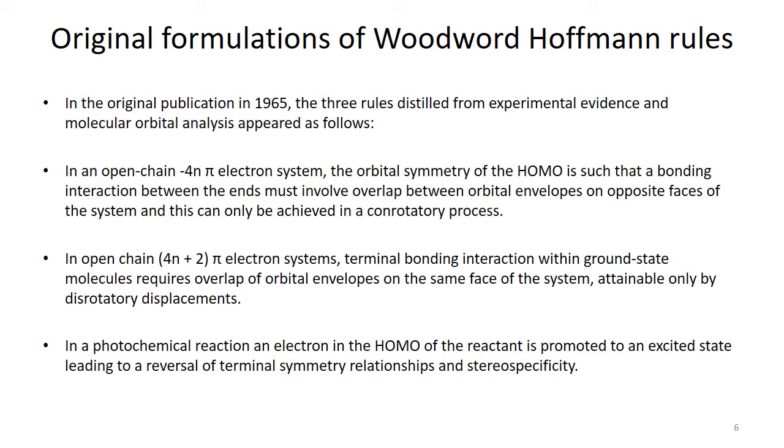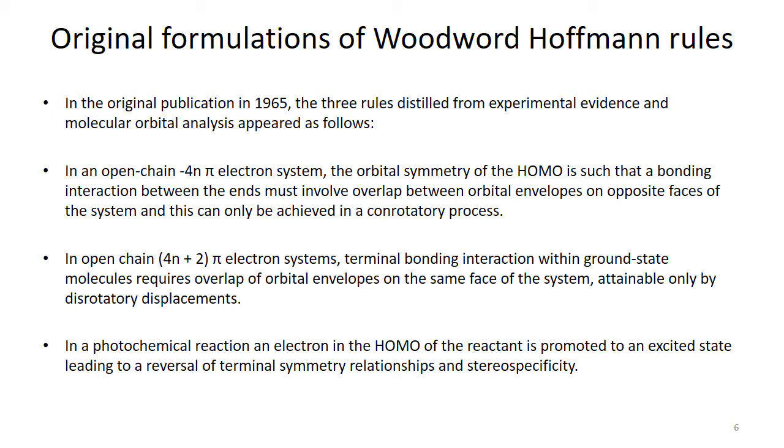This can only be attained by disrotatory displacement. So for a 4n plus 2 pi electronic system, we are talking about the HOMO, the ground state highest occupied molecular orbital, a suprafacial interaction, and the process should be disrotatory.